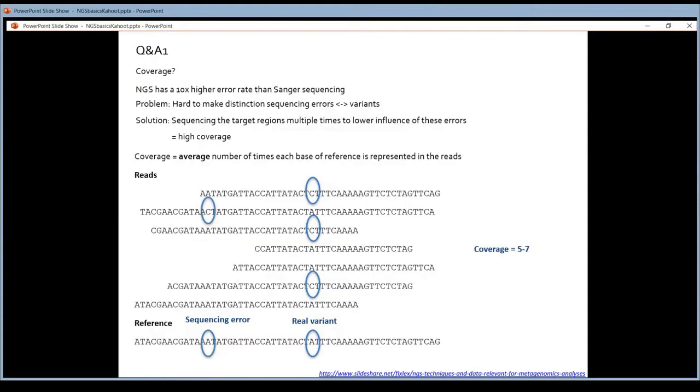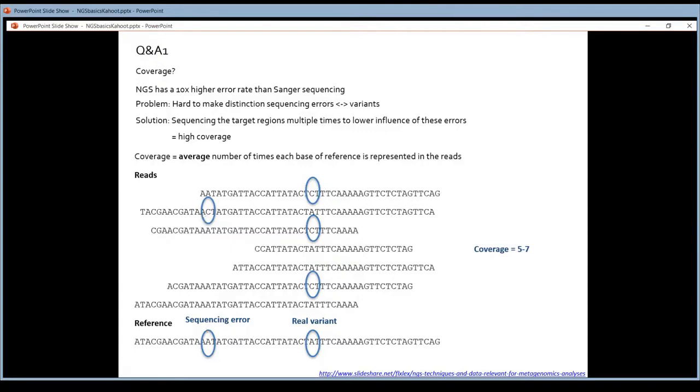And why is it important to have high coverage? Well, it allows you to make the distinction between real variations and sequencing errors. So what is a sequencing error? A sequencing error is a variation, a mismatch with the reference, that only occurs once.